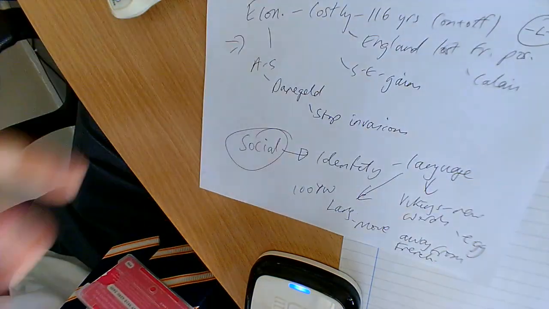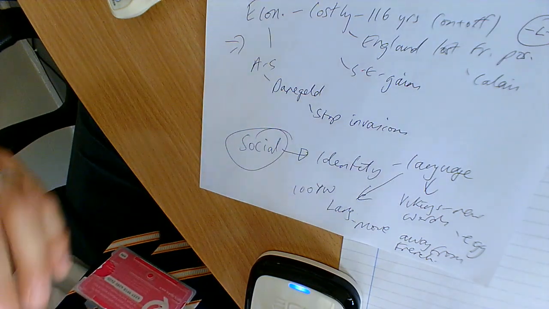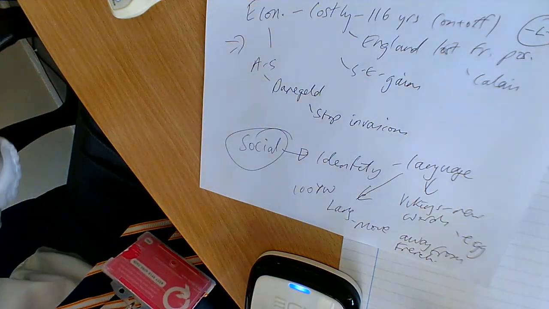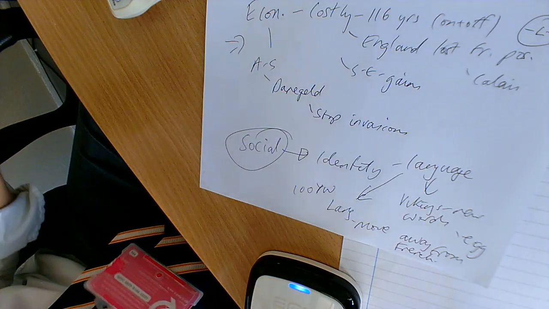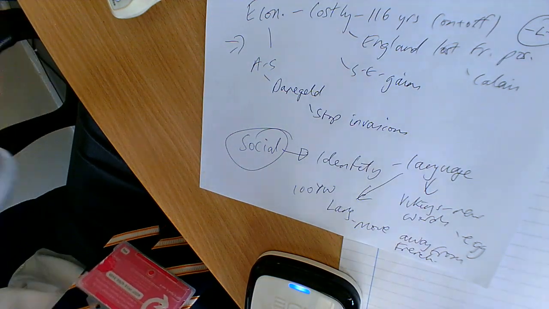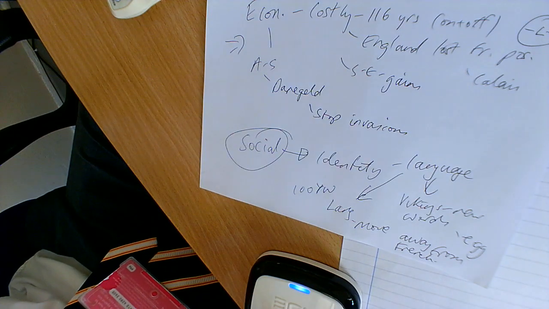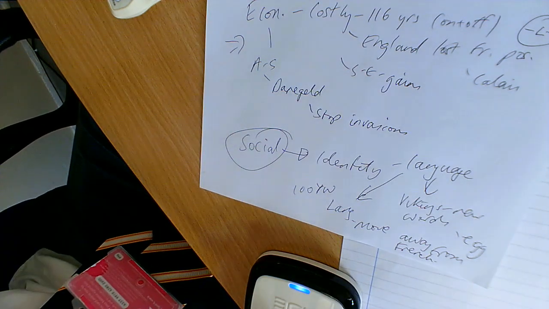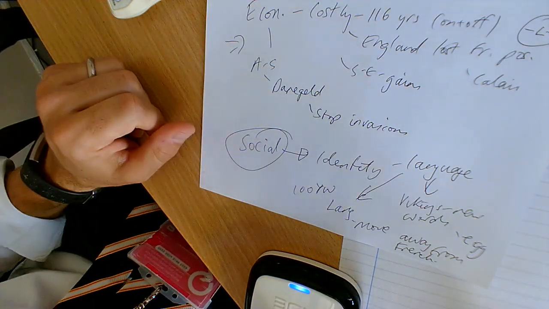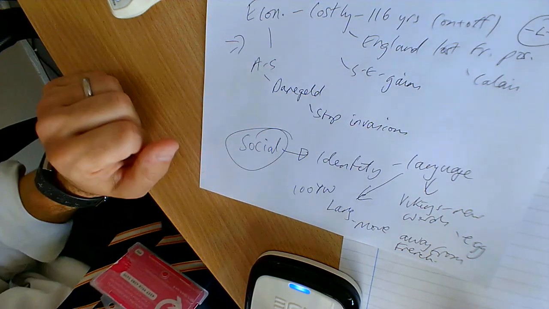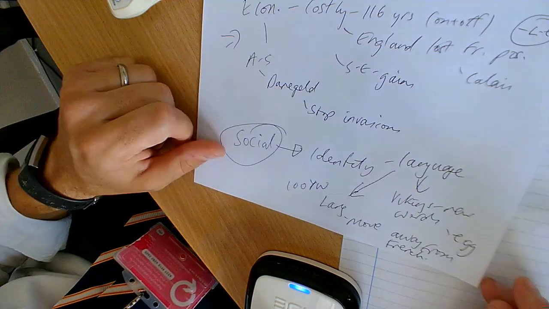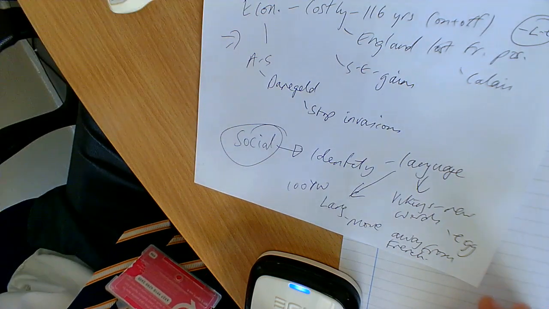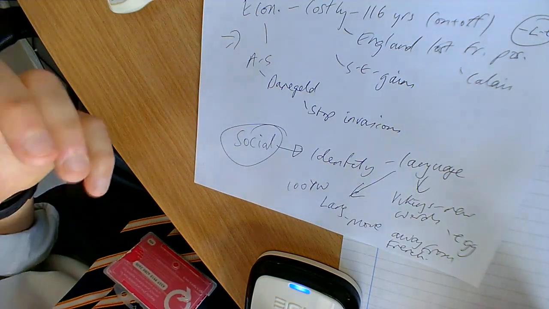So you can see that the language changes because of both of these wars or invasions. In one sense it changes because you get new words. In another sense it changes because English becomes more important than French because of this anti-French feeling. So look, I've got a couple of big changes I can talk about there, which is great. And so all I need to do then is make some sort of comparison between the two.